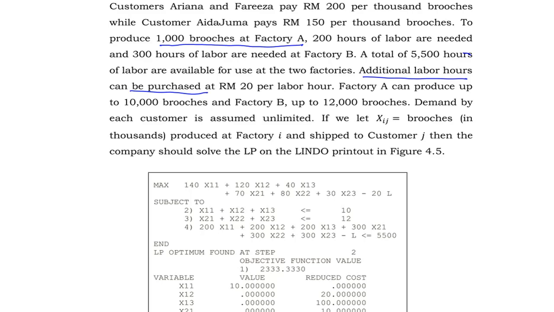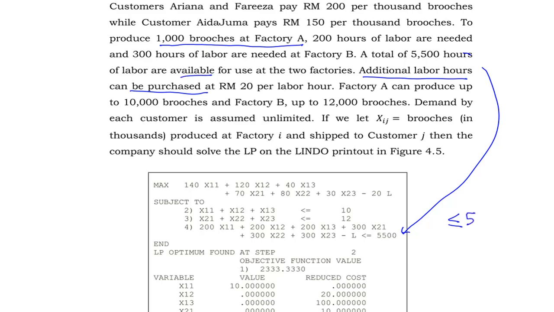Okay, so here is the final constraint, as you can see here. So the right hand side is less than or equals to 5,500 hours of labor available.